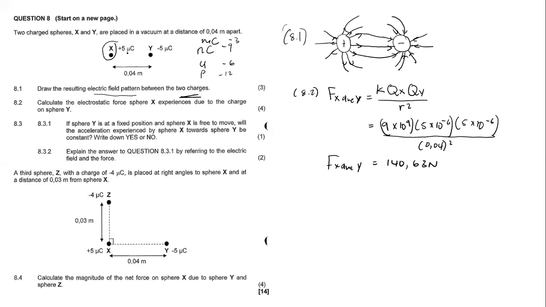Because this is attraction, sphere X will most definitely move towards Y, which is to the right, because Y is placed on the right-hand side.